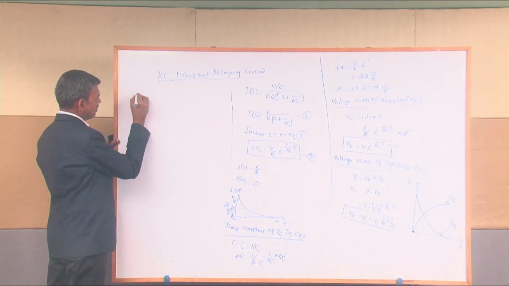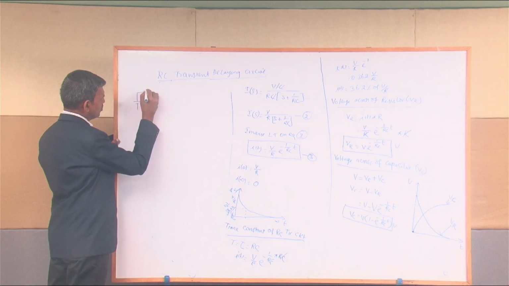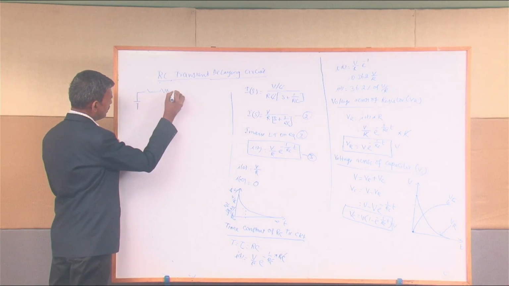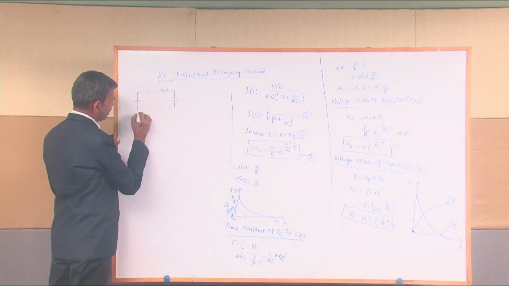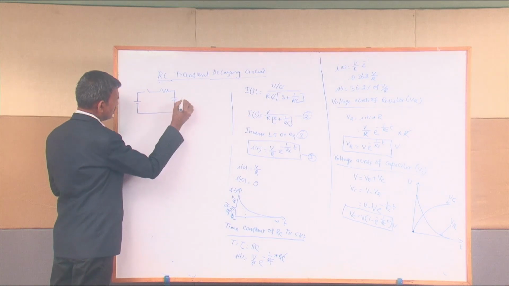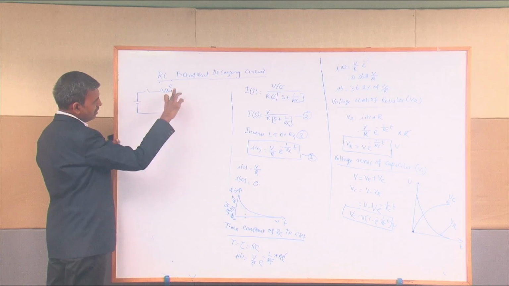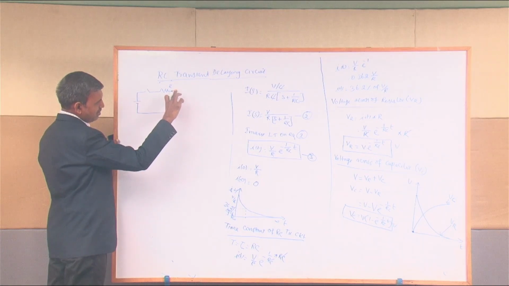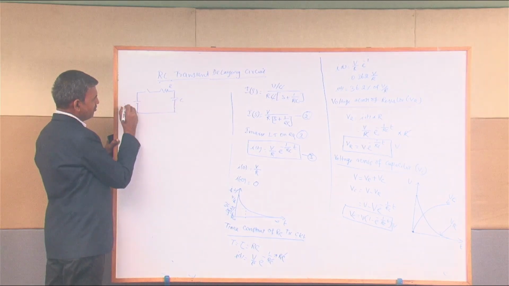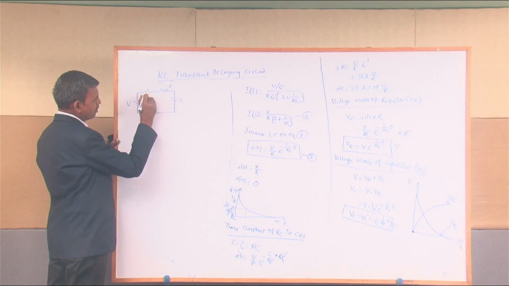In the first case, we apply the voltage through the switch to R and C, so both elements are connected in series. Initially the capacitor will be charged up to V. Now we move the switch S to the other position, position number 2, so I am changing from position A to position B.